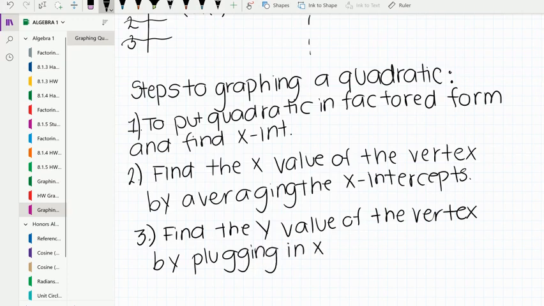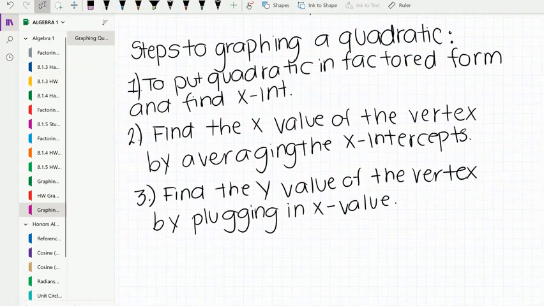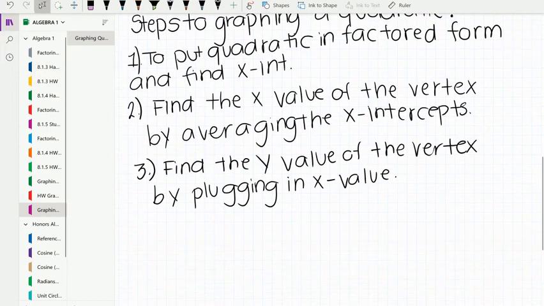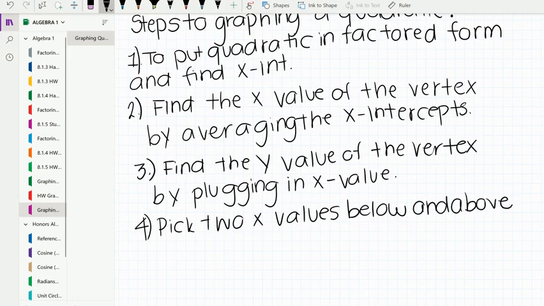All right, so what that gives us is we would now have the vertex and 2 x-intercepts, but if you listen to my last video, we talked about that it's good to have 5 points. So lastly, you can pick 2 x values below and above the vertex.